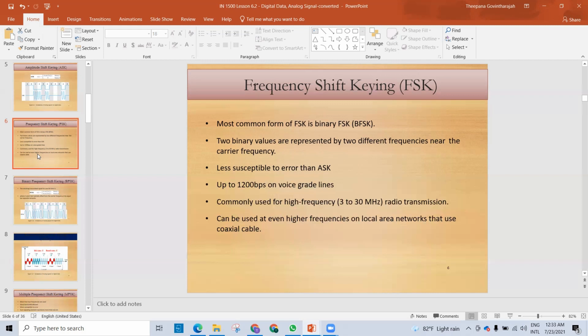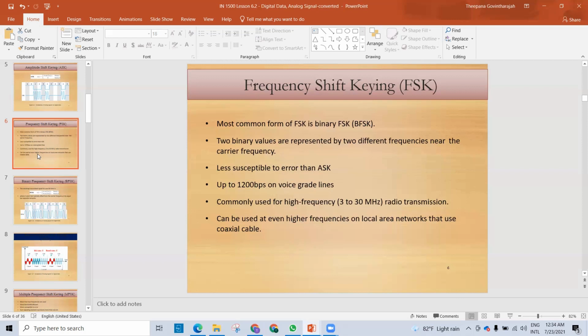For example, if the carrier frequency is 1000 Hertz, then maybe one is represented by 900 Hertz and the other one is represented by 1100 Hertz. So, two different frequencies which are near the carrier frequency represent the two binary values.